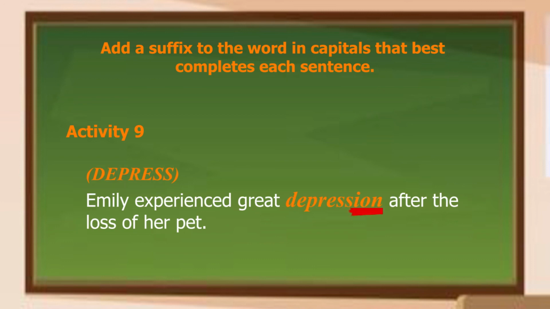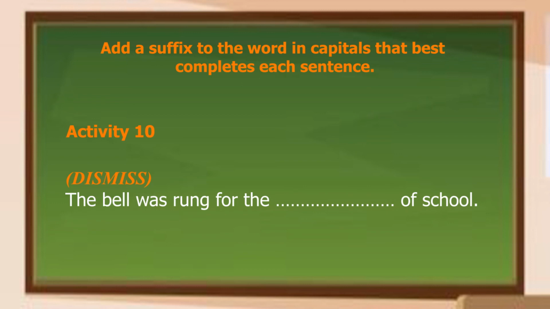I-O-N, very good. And the word now becomes depression. Emily experienced great depression after the loss of her pet. And finally, number 10, we have the word dismiss in brackets, and the sentence reads, the bell was rung for the something of school.